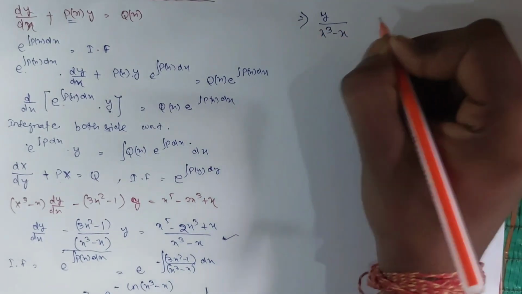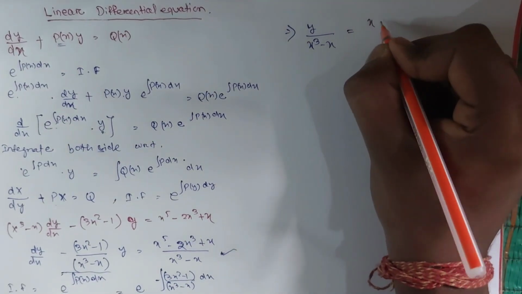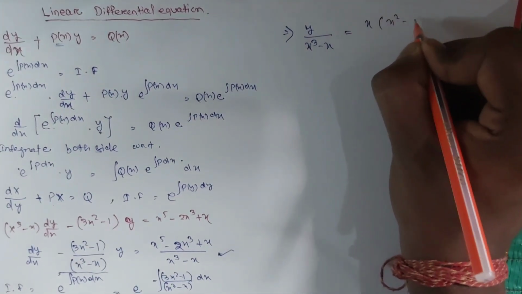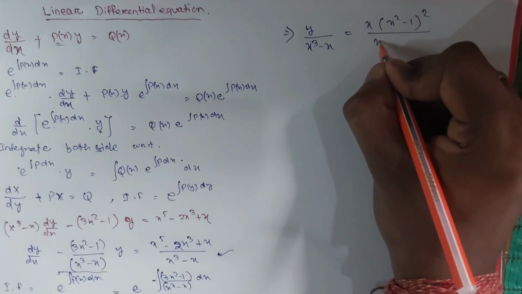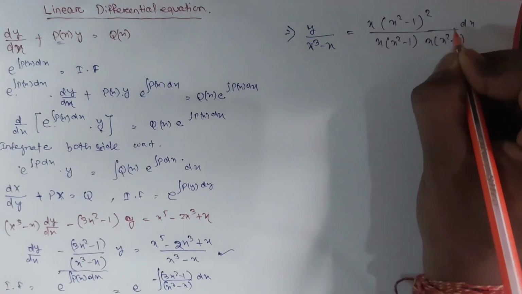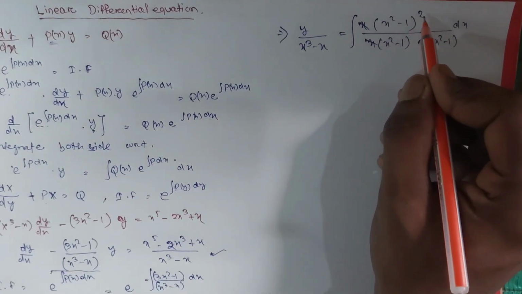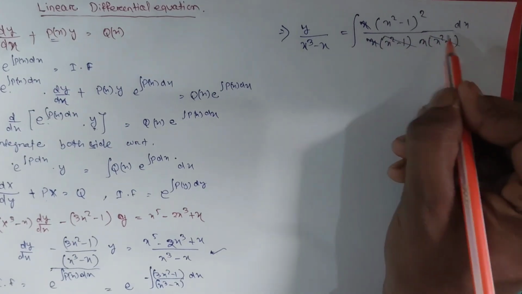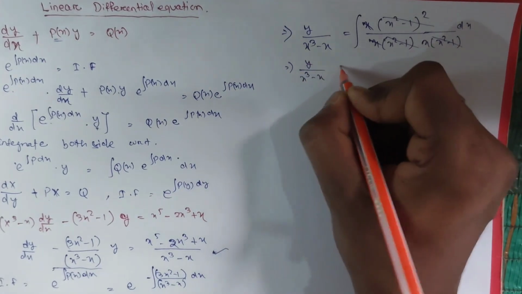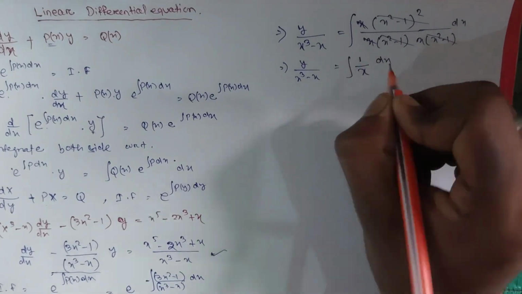it becomes y/(x³ − x) equals, if we take x common, x(x² − 1)² divided by x(x² − 1) times x(x² − 1), dx integral. The x cancels out, and there is also (x² − 1) to the power 2, and there is a square term here, so it will also cancel out, and it becomes y/(x³ − x) equals the integral of 1/x dx.